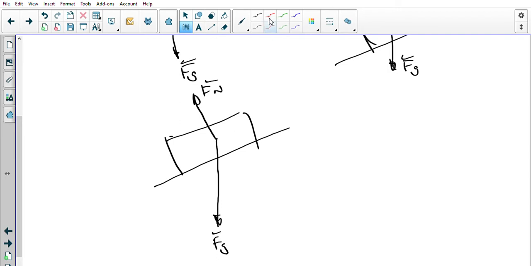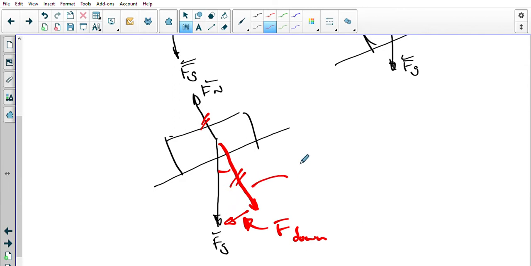What I want you to understand is that this force of gravity is going to be broken up into two components. We're going to have this component here, and then this component here, which is what we'd call the force down the slope, and that's the force causing it to slide down. Those come from the force of gravity and this angle.